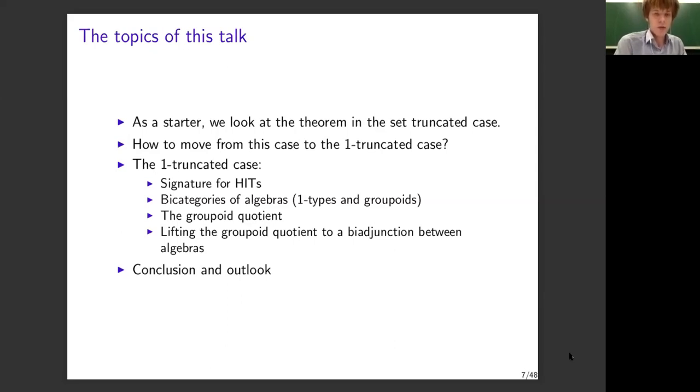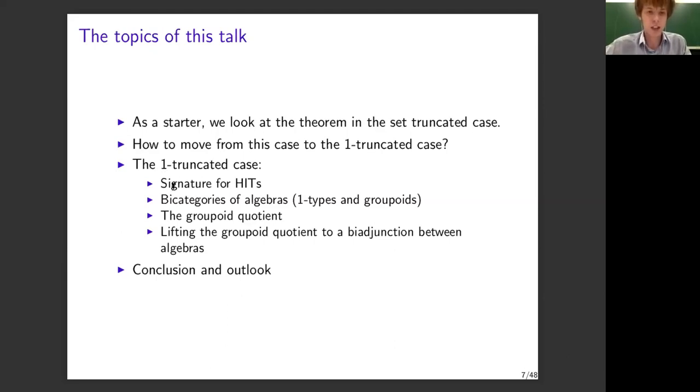After that, we will discuss how to generalize this argument to the one-truncated case. For that, we translate notions related to sets to notions related to one-types.